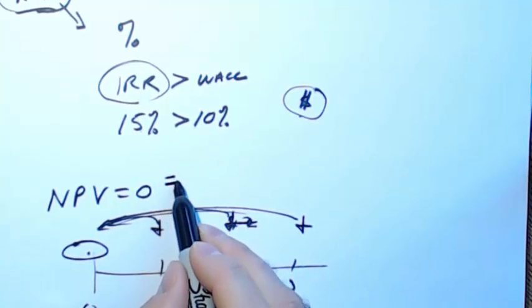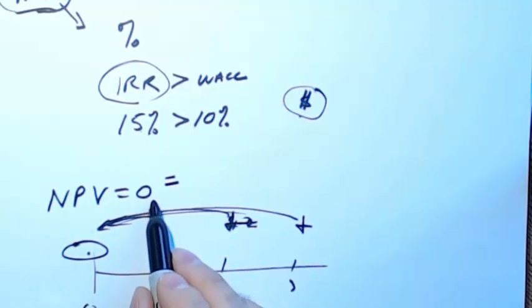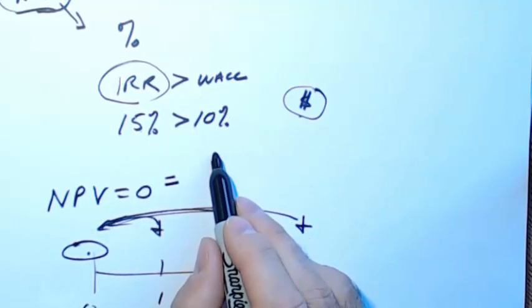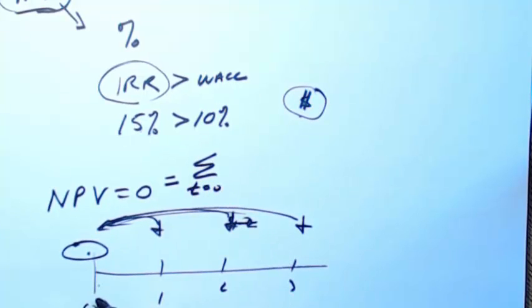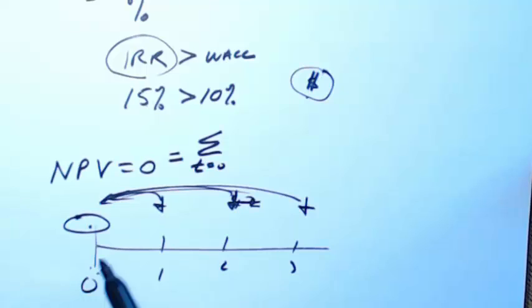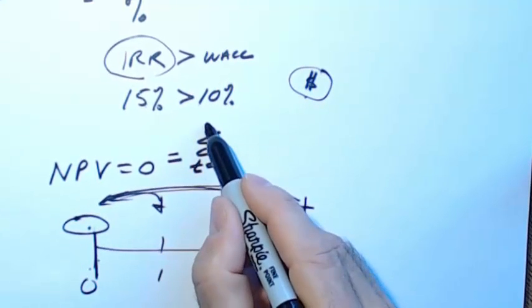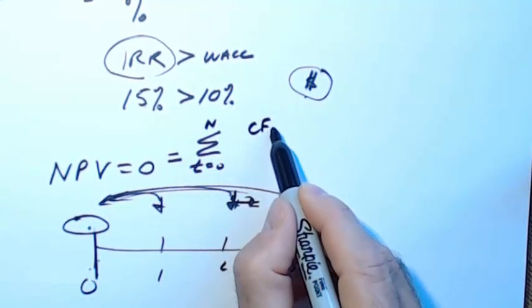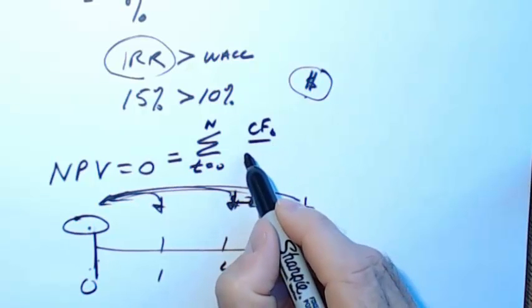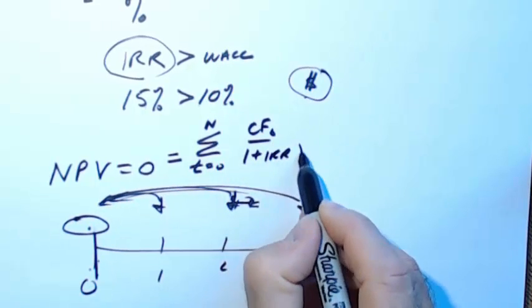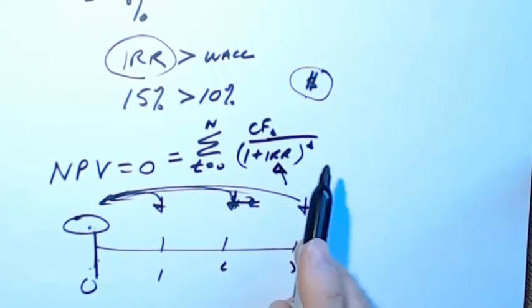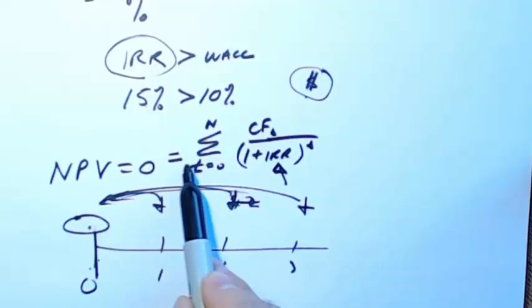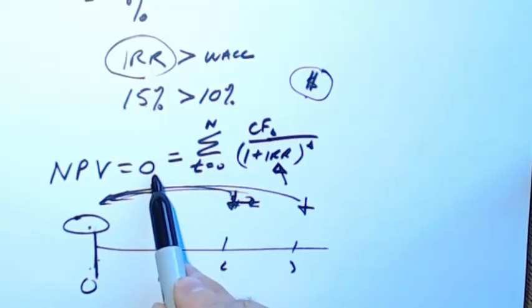So you have a net present value of 0, and that is calculated as the sum from t equals 0 through n of the cash flow at time t, each divided by (1 plus IRR) to the t. So this is what we're looking for. What is the interest rate that gets us to a 0 net present value?